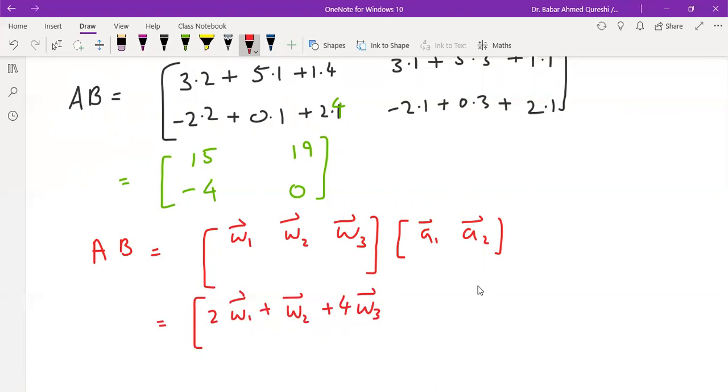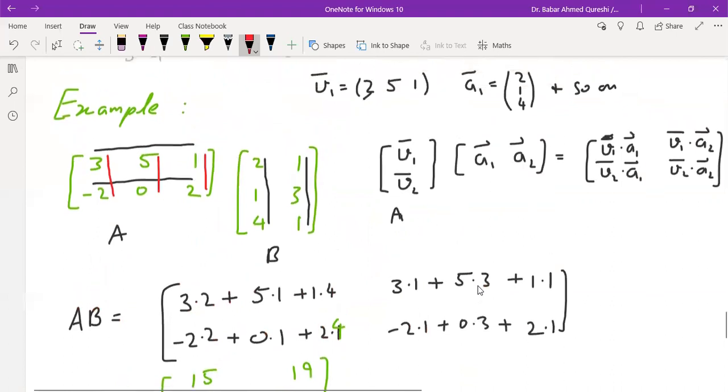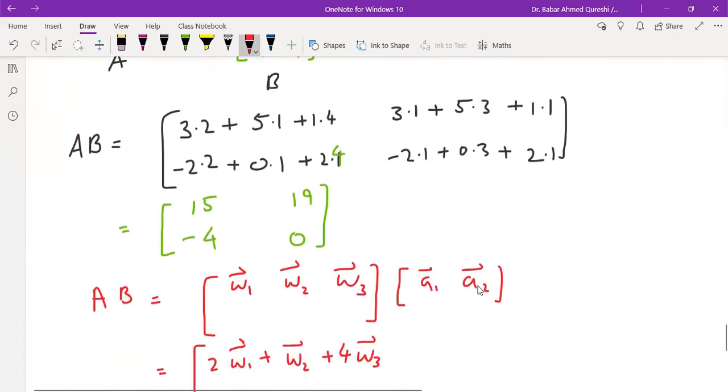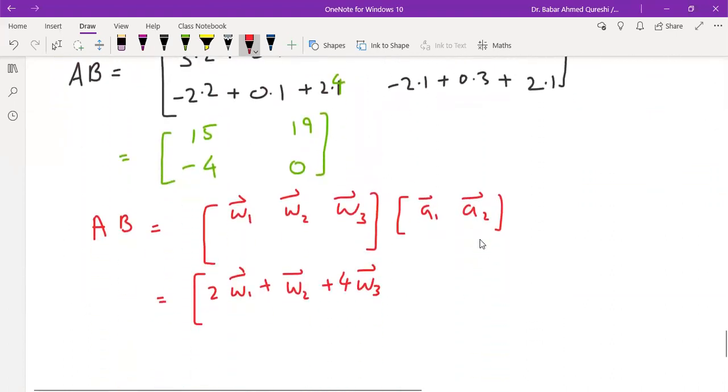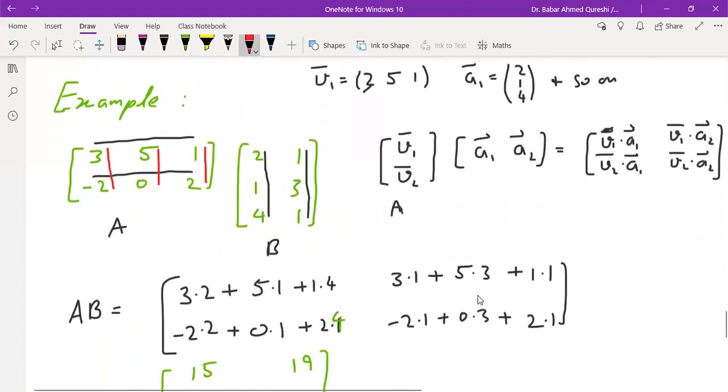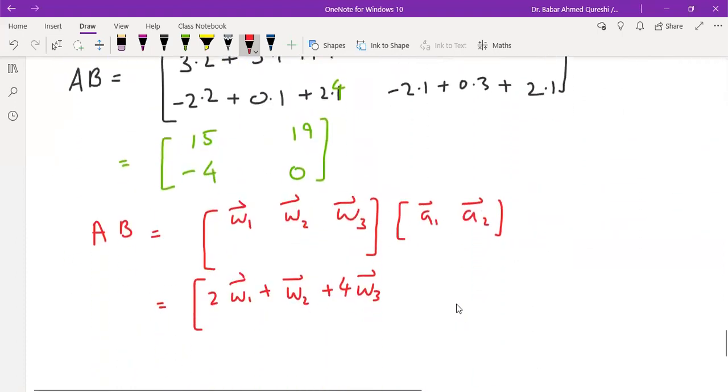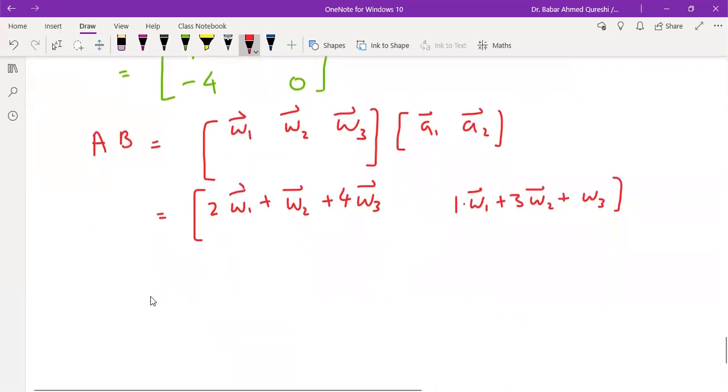And this gives me one column over here. And then I do it with the second vector. So the second vector has components 1, 3, and 1. So I make 1 times W1 plus 3 times W2 plus 1 times W3. And then I just compute this linear combination.